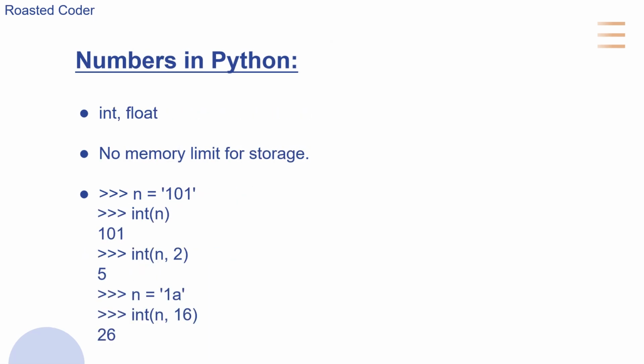What are numbers in Python? There are only two types of numbers, int, nothing like long or anything else, just int and float. It can store as large numbers as you have storage for it, and it all depends upon your computer.